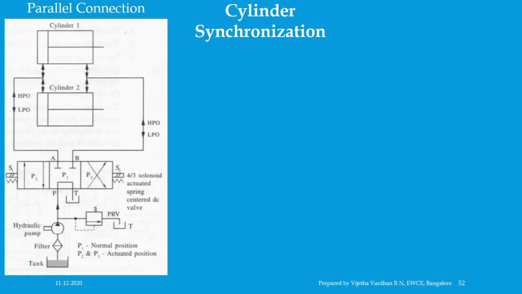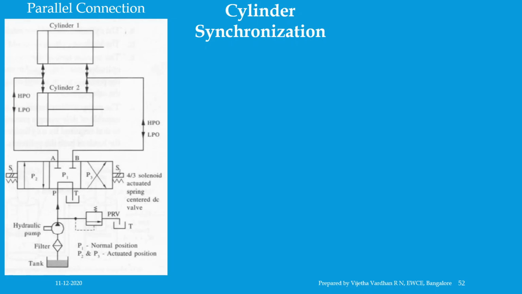Coming to the circuit diagram for parallel synchronization, this consists of a 4/3 directional control valve, port A of which is connected to the head end of the cylinders and port B to the rod end of the cylinders. The figure on the left hand side of the slide shows the circuit diagram for parallel synchronization.